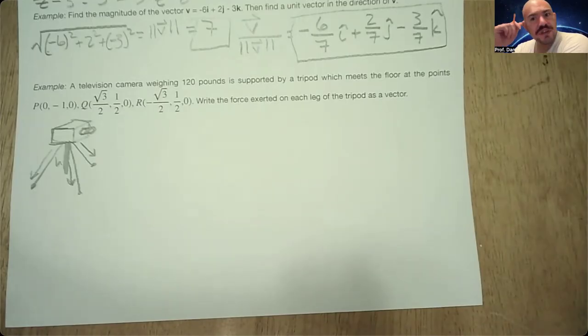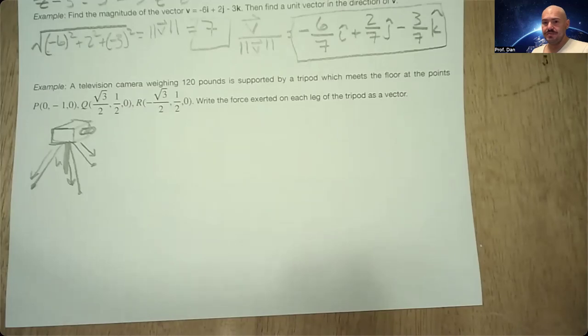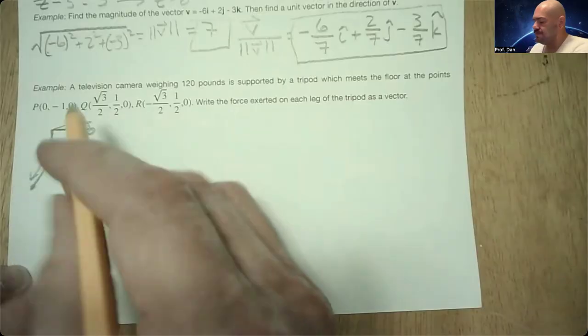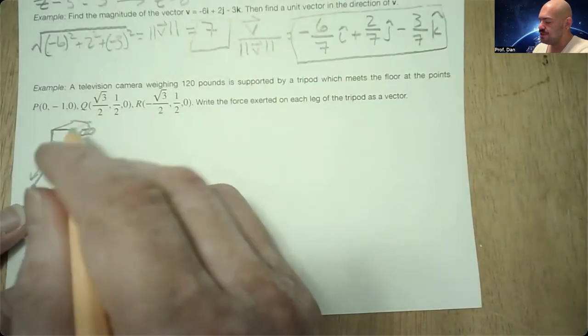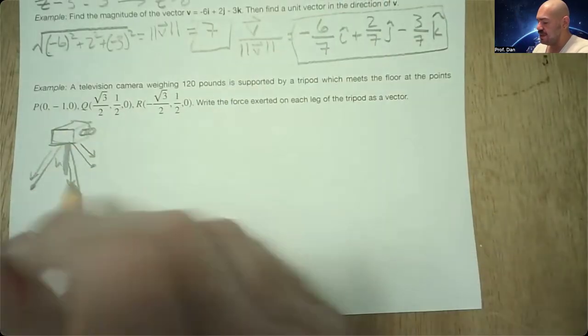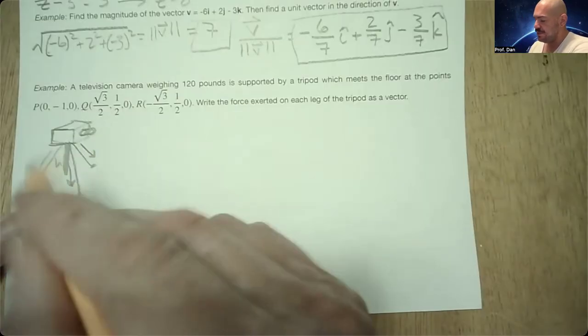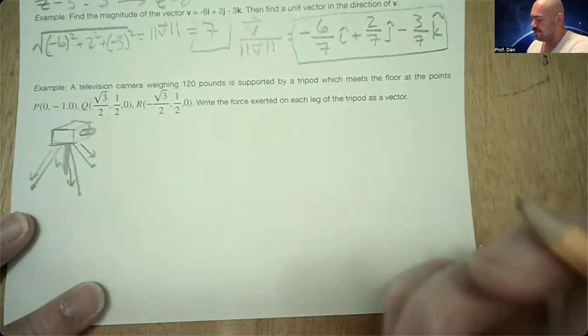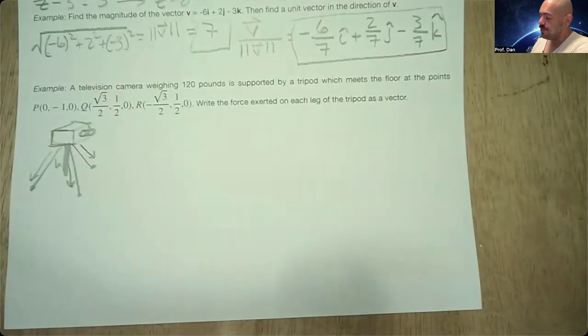And if you have a force being applied in one dimension, then that's all there is. But we live in a three-dimensional world, and that's pretty rare. So we're basically writing a three-dimensional vector for each of these legs. Thing for us to note, though, a couple things to note actually.